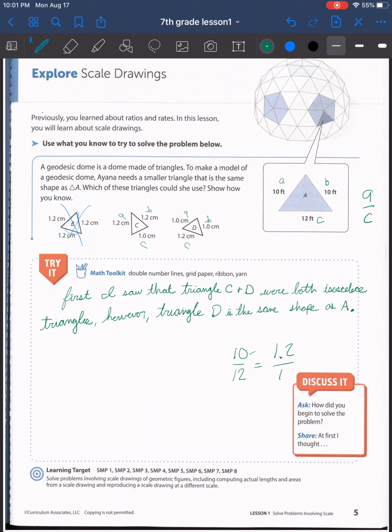I can take out a 2 from each of those. So I could get 5 over 6. Can I reduce anything else? No. Is 5/6 equal to 1.2 over 1? Which isn't 1.2 over 1 literally just 1.2?